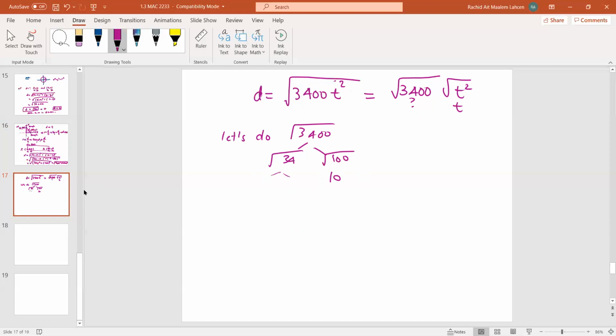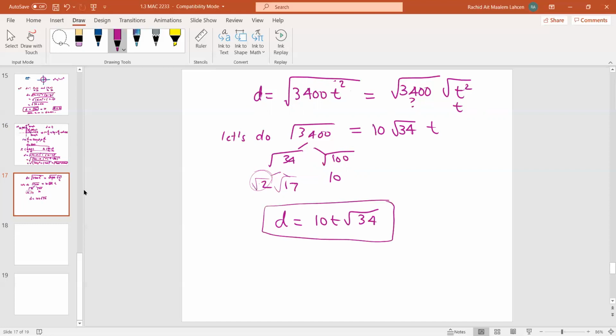It's even, so we divide by 2, and we get 17. 17 does not break into anything, so 34 does not simplify. So 100 gives us a 10, 34 is just 34, and t squared is just t. So the distance is 10t square root of 34.